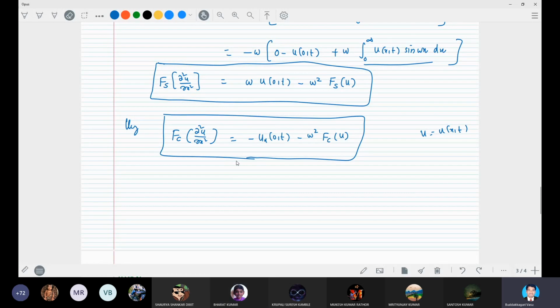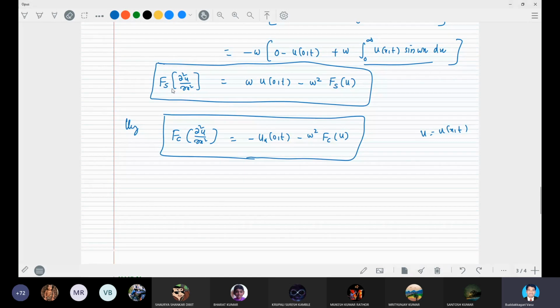Here one must be very clear about which transform to take to solve initial boundary value problems, whether a Fourier sine transform or a Fourier cosine transform. First check whether the interval is bounded or infinite. If it is an infinite boundary, you take the infinite Fourier sine or cosine transform. If it is a finite boundary, then the finite transforms are to be considered.